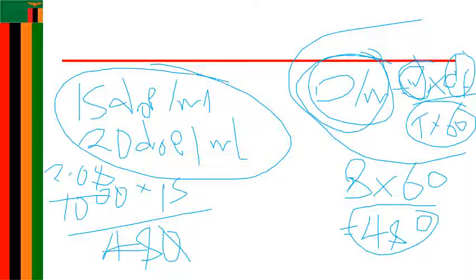Now this 2.08, you multiply it by the drop factor, 15 drops per ml, and you're going to have 31.2 drops per minute.